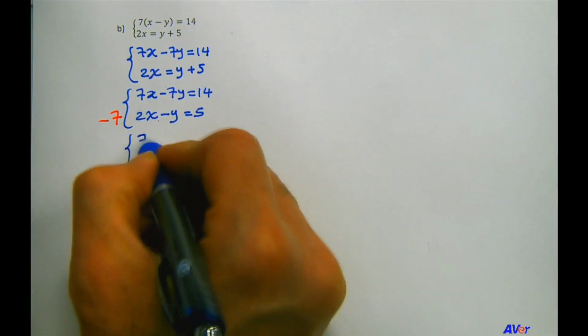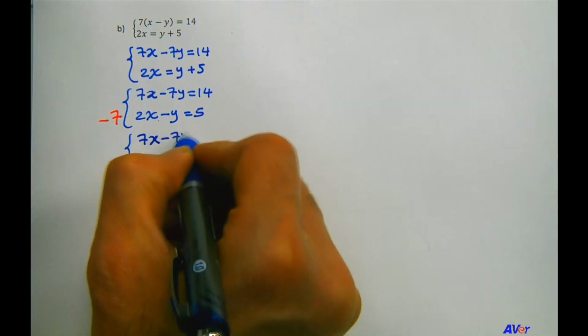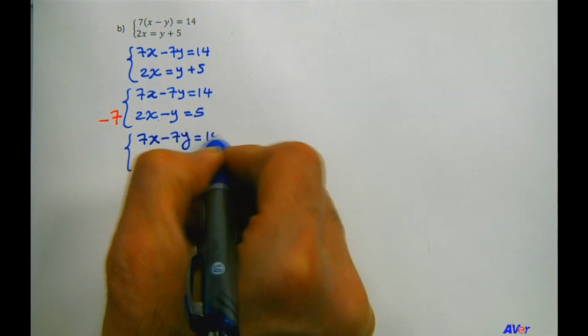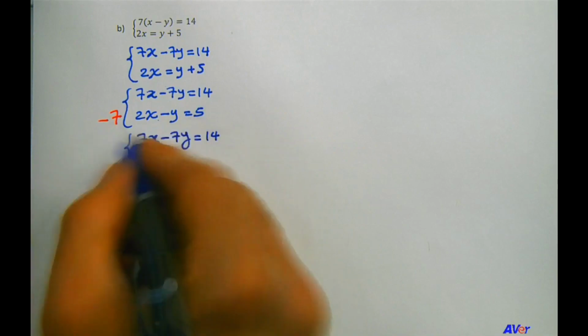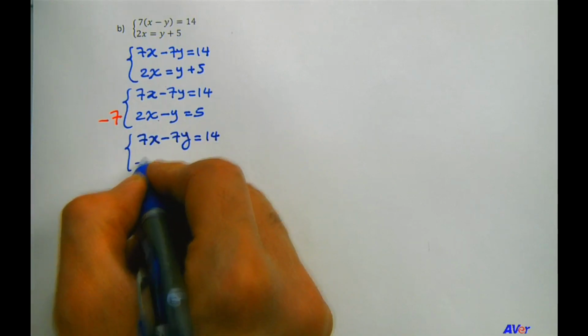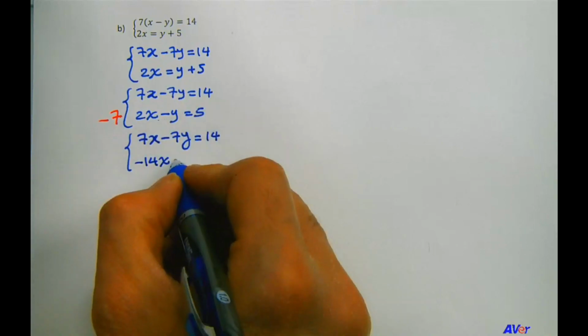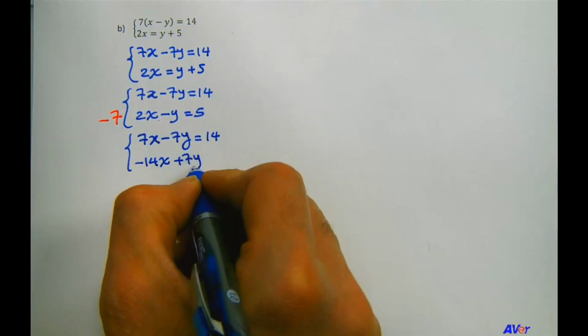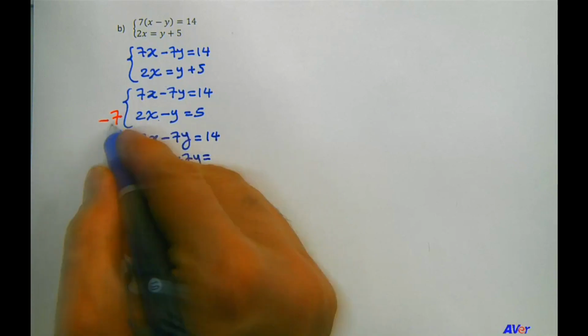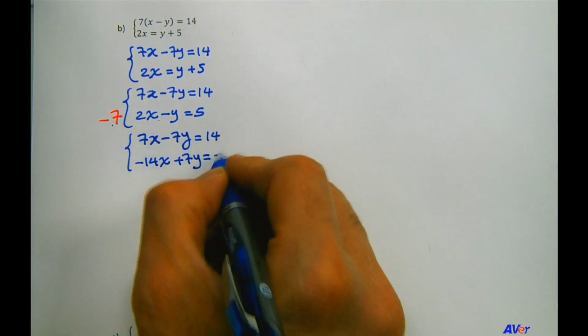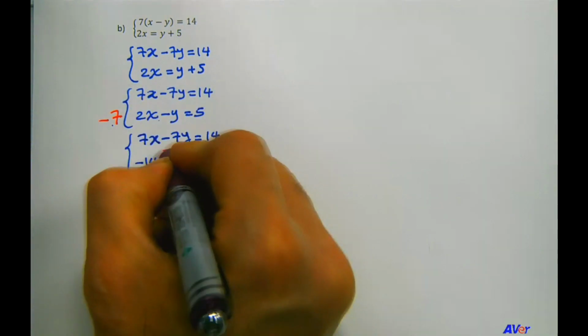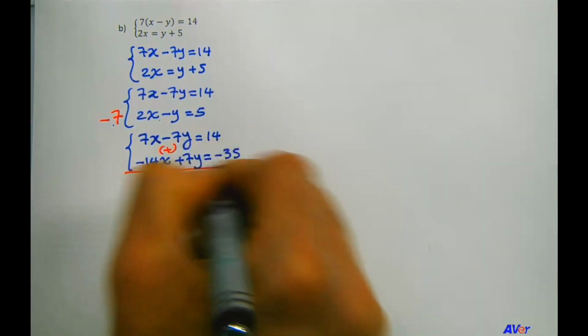And the top equation is still the same. So minus 7 times 2x is minus 14x. Minus 7 times minus y is plus 7y, equals minus 7 times 5, minus 35. Now add the two equations.